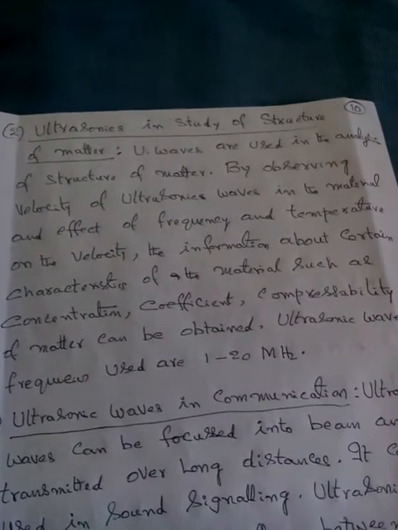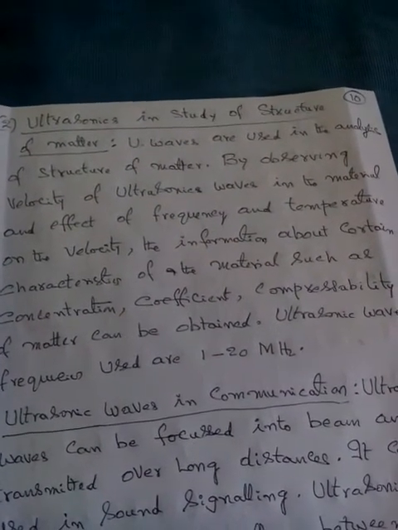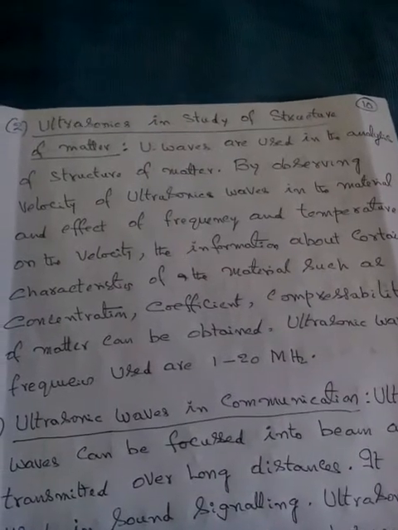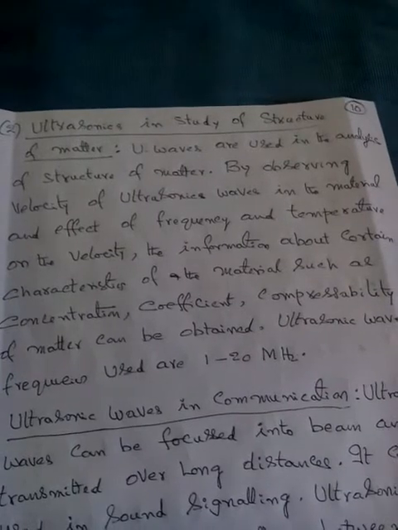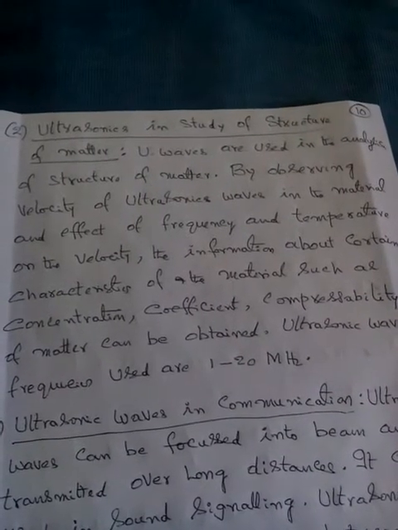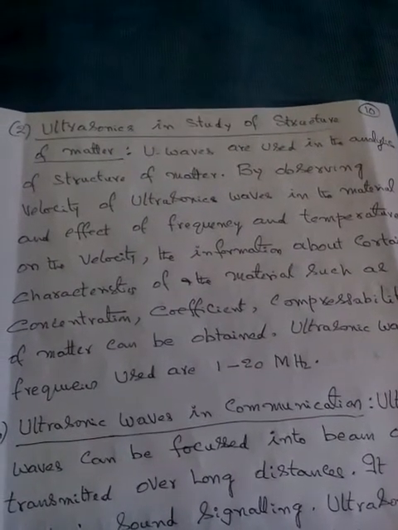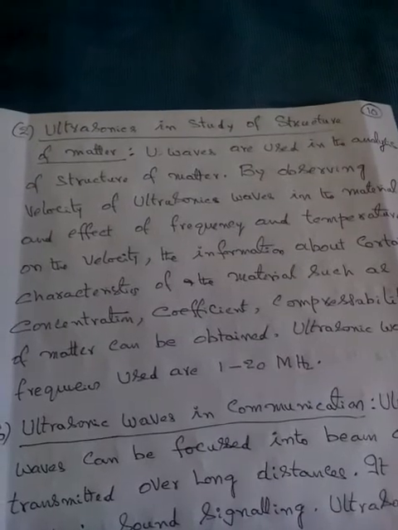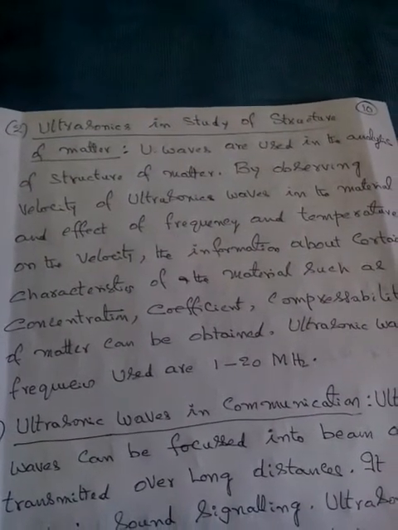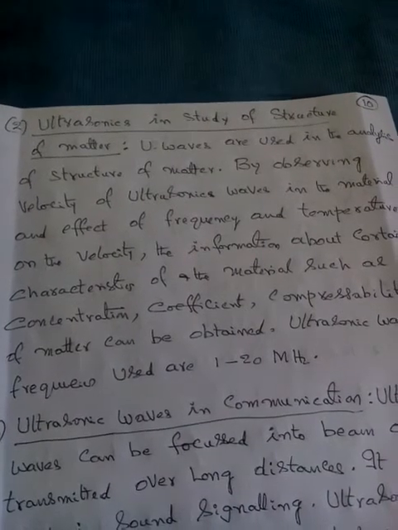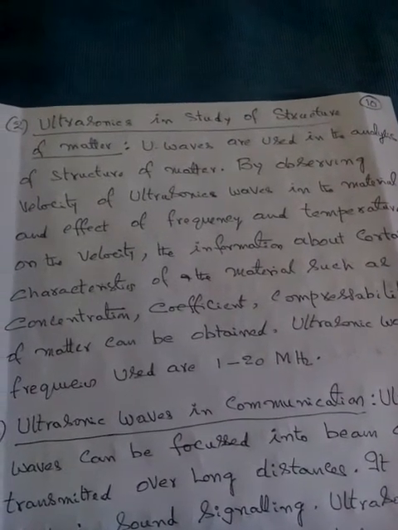So the ultrasonic frequency used for this is 1 to 20 megahertz, very high frequency. Ultrasonic waves are used in the analysis of structure of matter by observing velocity of ultrasonic waves in the material and effect of frequency and temperature on the velocity.